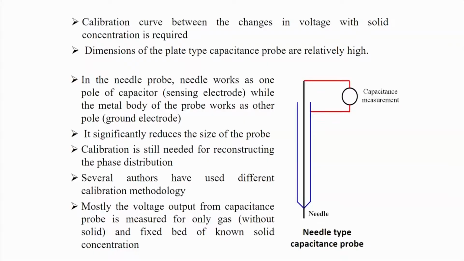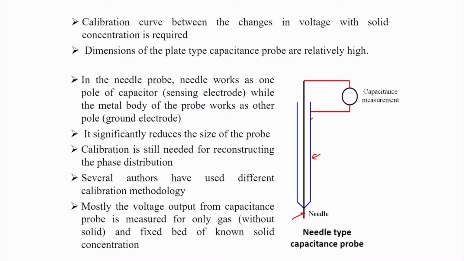Now, what you need is a ground electrode between which you will measure the capacitance change. So, what can we do? We can have this kind of a structure. Okay. So, this is the support, the structure, and this is the needle. We can make the needle one electrode, which will be the sensing electrode, and the body of this probe can act as the second pole or ground electrode.